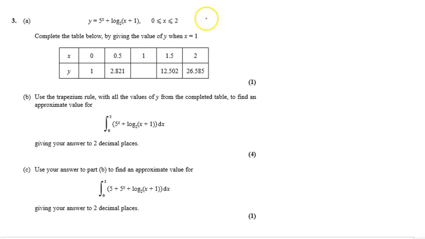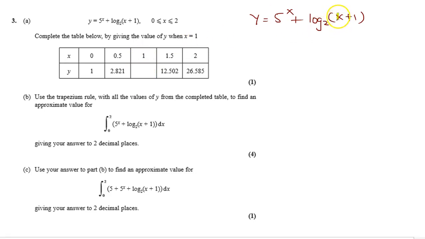Question number 3a. y is equal to 5 power x plus log base 2 of (x plus 1). Complete the table below. Here only one column is not filled, that is x is equal to 1.